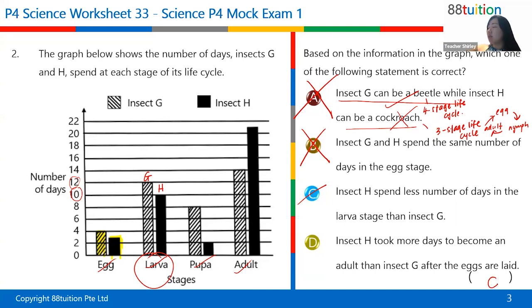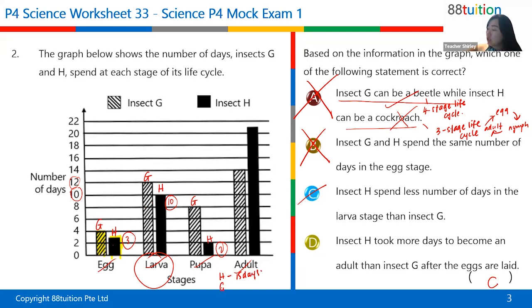Let's just have a look at option D. Insect H took more days to become an adult than insect G. So this one, you have to calculate all the days up. Insect H took 3 days here, 10 days here, and 2 days here. So insect H actually took 15 days in total to become an adult.